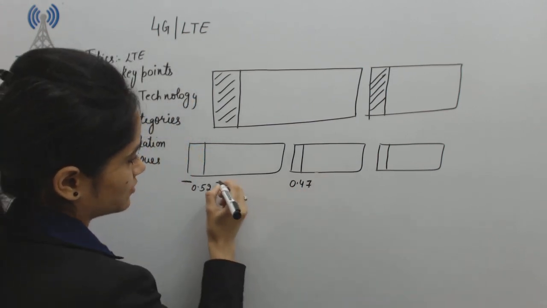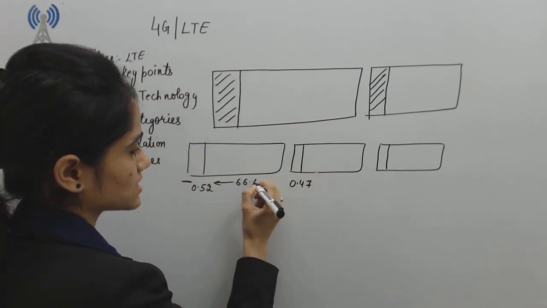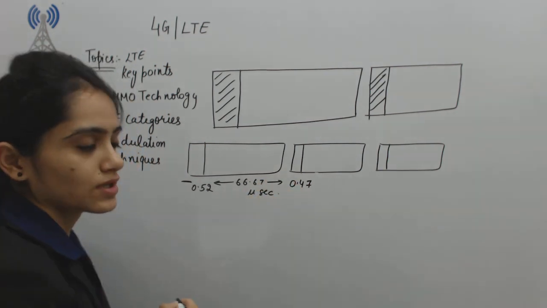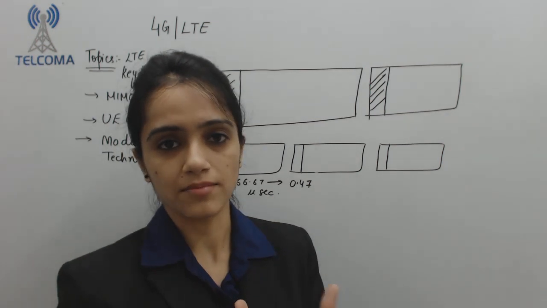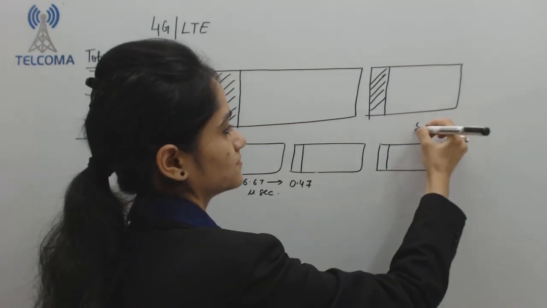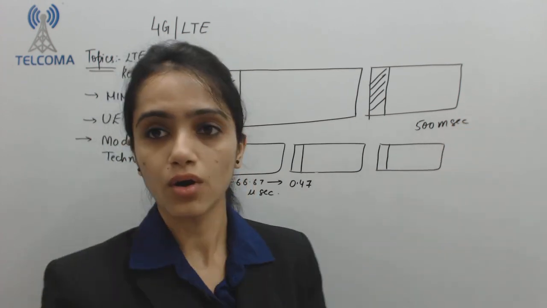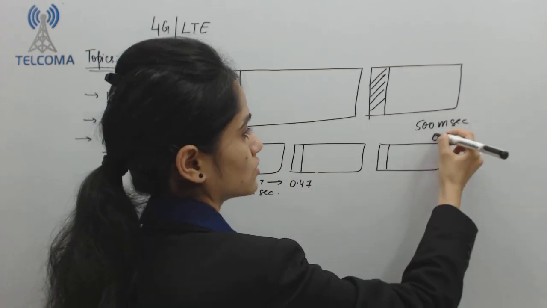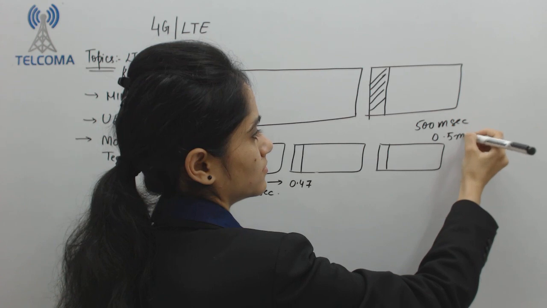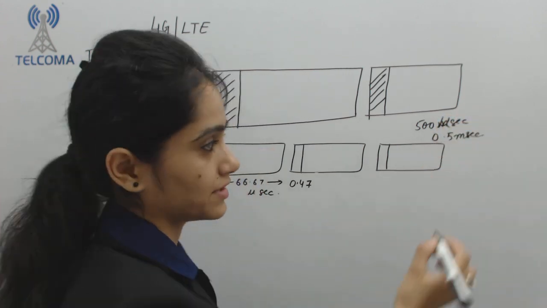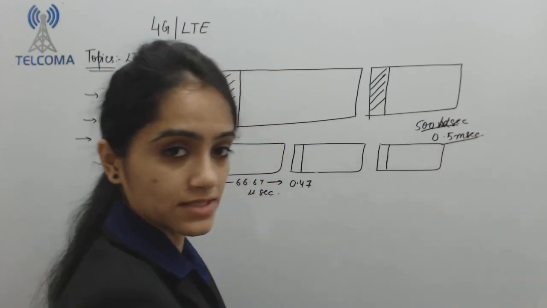Whereas this time duration is 66.67 microseconds. So I need to calculate all the timing, because the total should be 500 microseconds or 0.5 milliseconds.